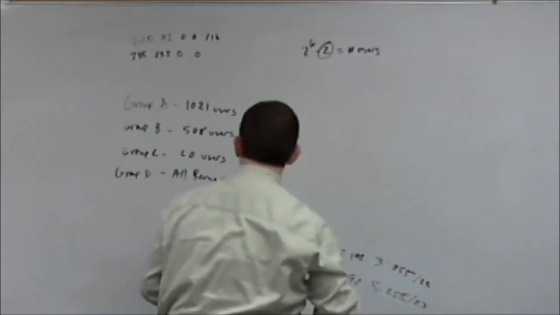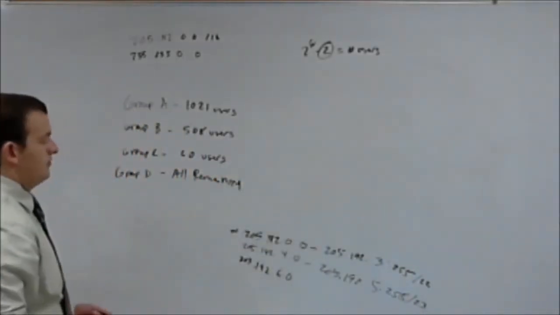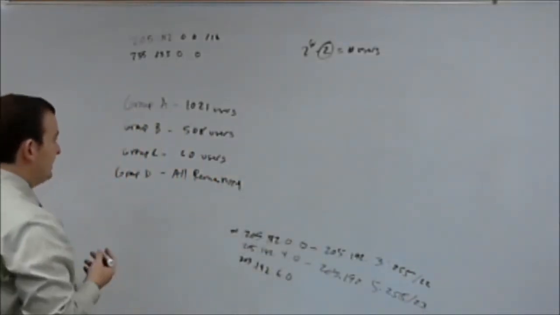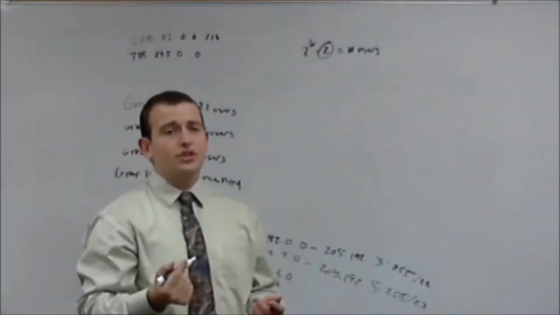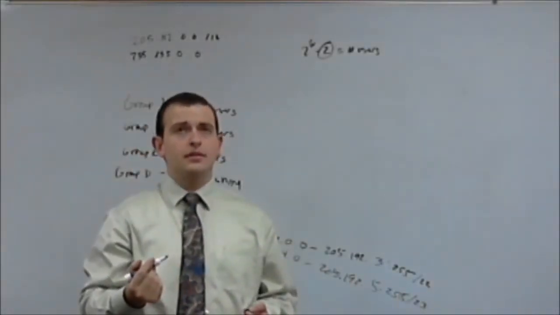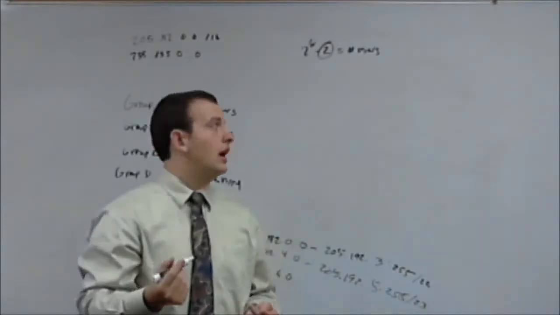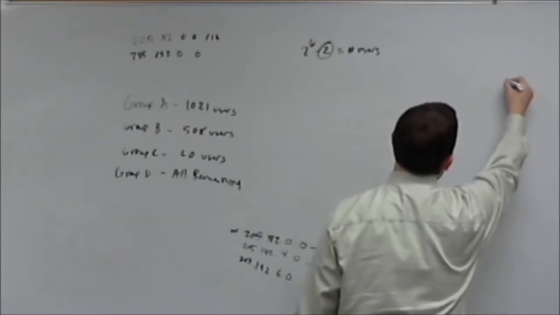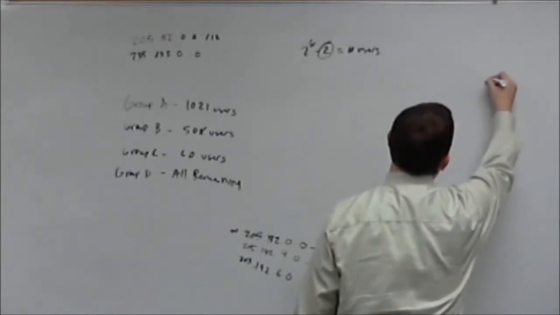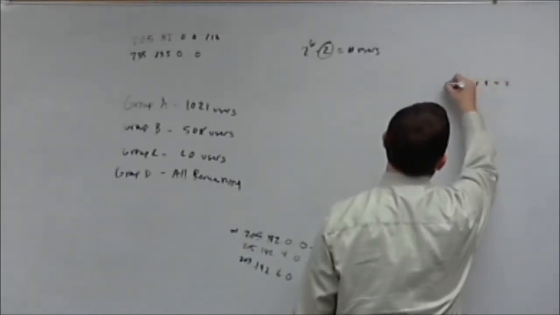Alright, next we need to calculate group C. Group C, we need 60 users. So the closest one we can get is 64, which of course is going to be 64 users. If we start over here, we've got 2, 4, 8, 16, 32, 64.